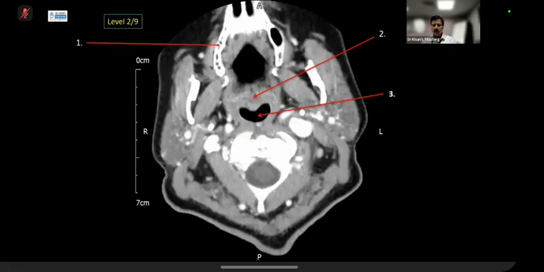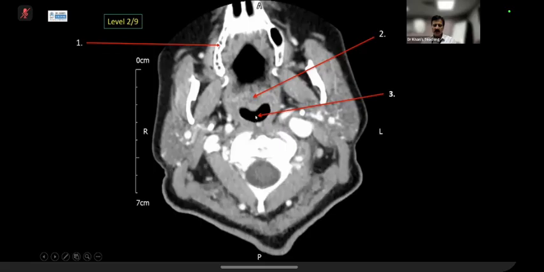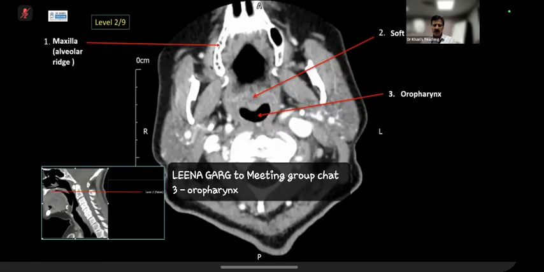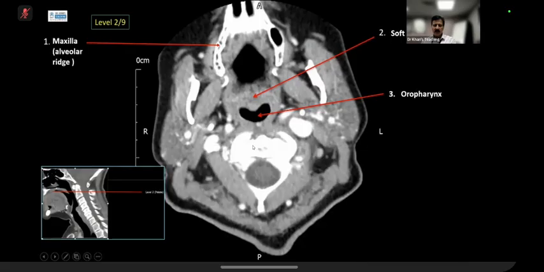Number 2. Okay, so number 1 is the alveolar ridge, and number 2 is the uvula or soft palate, and number 3 is excellent. So this is the level, and we can see the answers here. Well done. Third level.